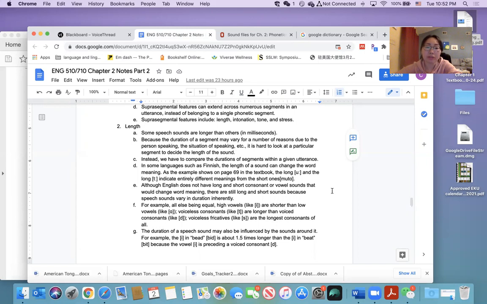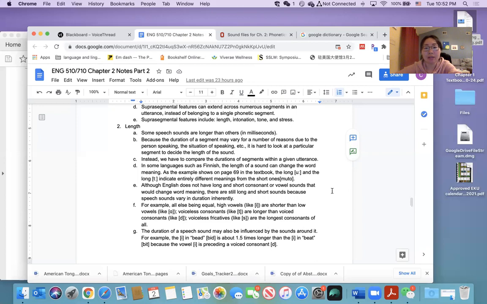Also, the duration of a speech sound may be influenced by the sounds surrounding it. For example, the vowel E in a different environment may have a different length. If it's followed by a voiced consonant like d, it is longer than if it's followed by a voiceless consonant like t.